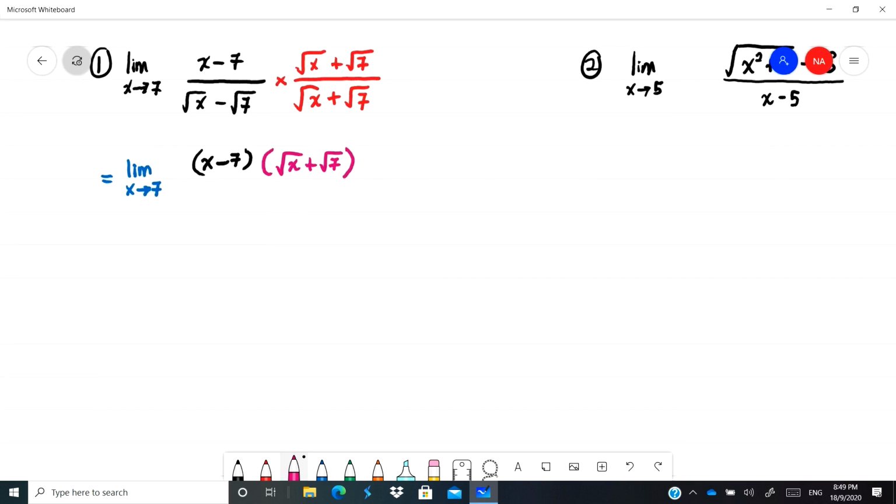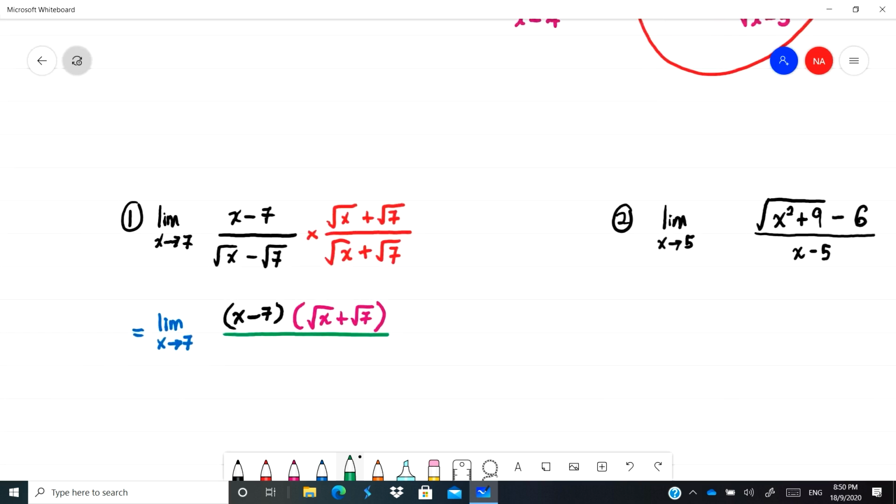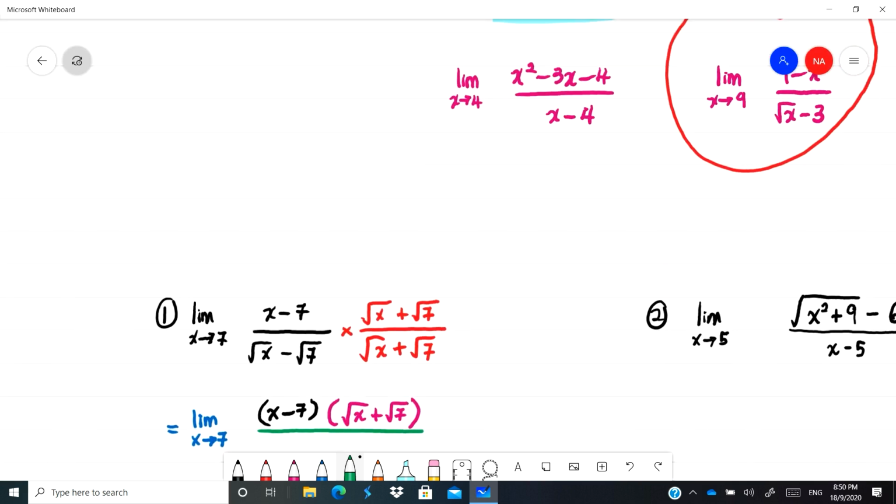Now we look at the denominator, where we have to multiply. This is the basic algebra you have to understand.